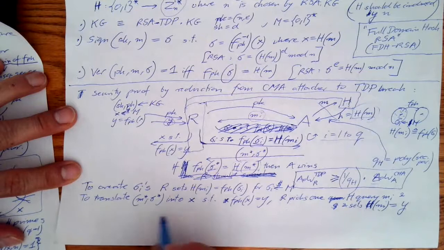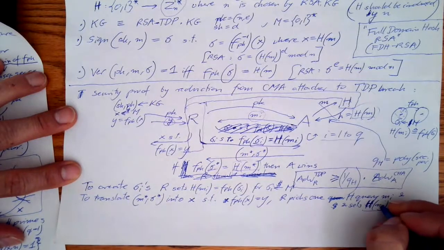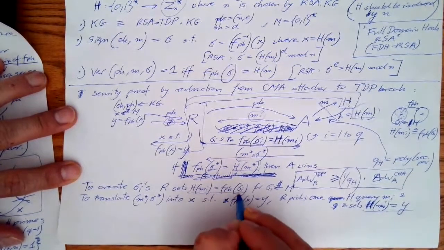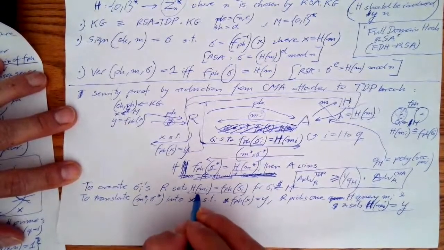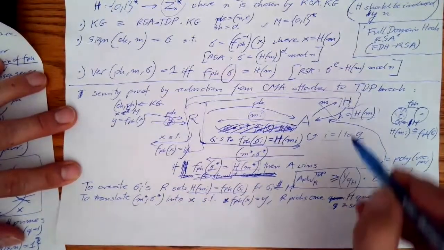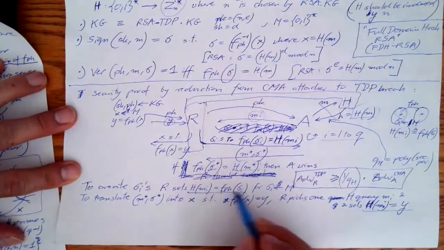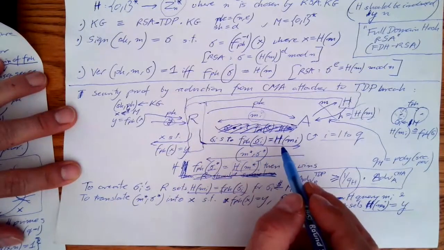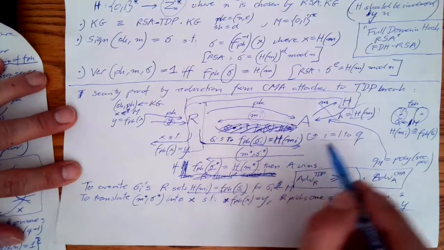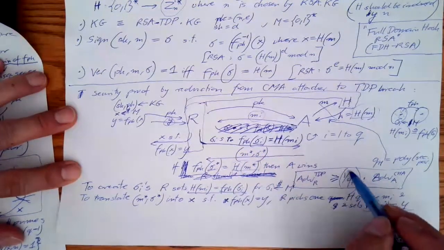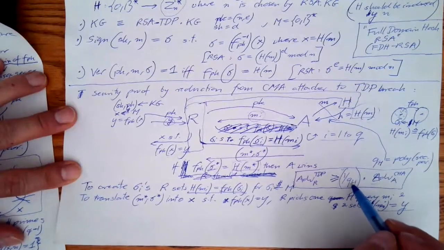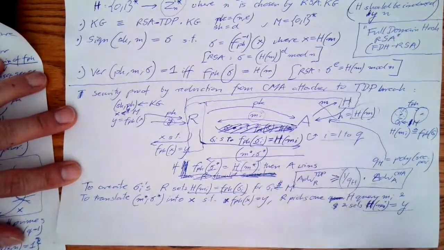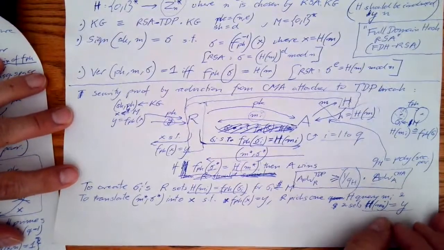And so this way of embedding values in a hash didn't really interfere with this way of embedding values in the hash for all the other queries. So all the other hash queries will be answered in this way, and therefore the reduction will have no problem creating fake signatures, or in fact valid signatures, on them. And if the adversary does forge on this message that the reduction guessed, then sigma star is the x, right? Okay, so that's the argument.